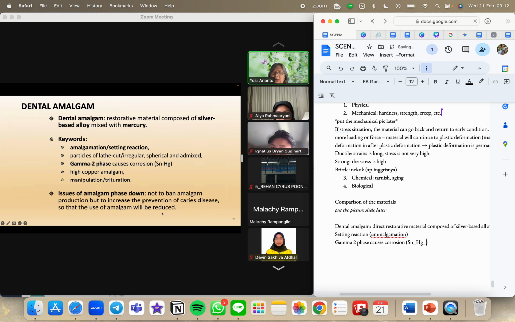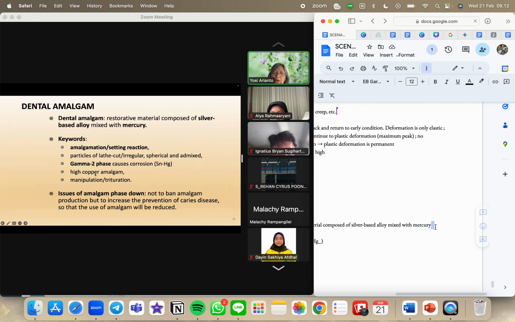It's usually tin and mercury. Because of the amalgamation, it will give a gamma 2 phase, which is very corrosive. Then we have the high copper amalgam. It's less corrosive because we give a lot more copper, which reduces the gamma 2 phase.